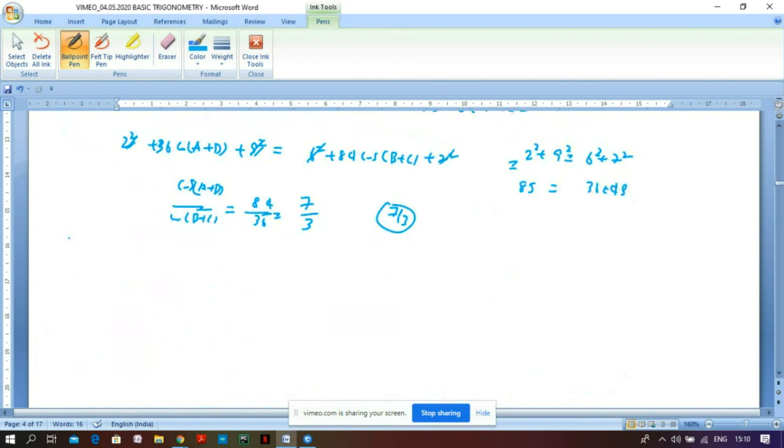The next one is a problem that was asked in JEE Mains, and of course it was asked maybe twice on many other exams also.